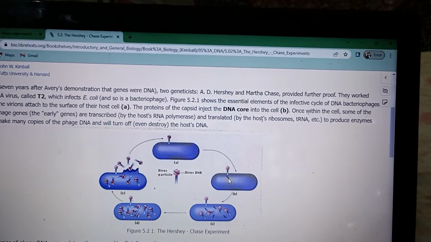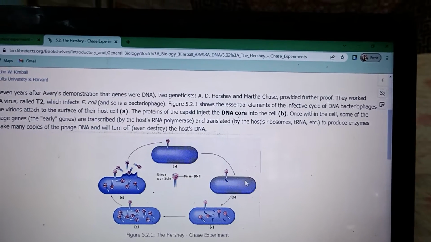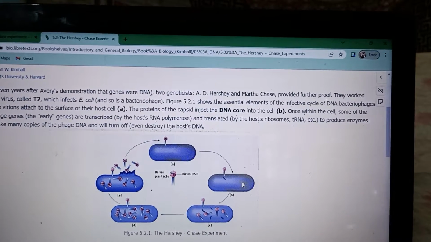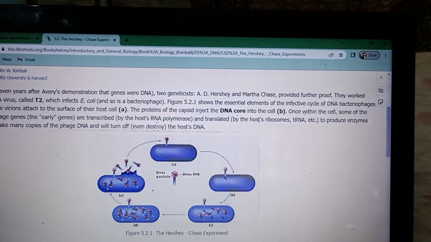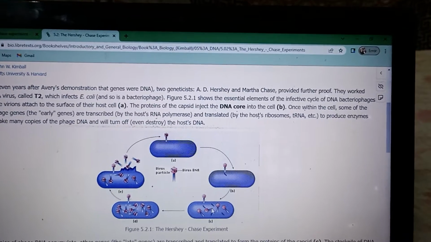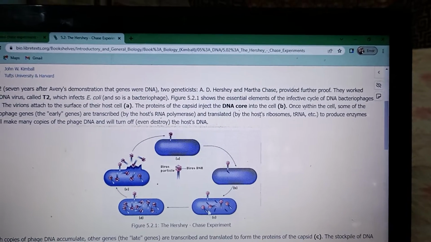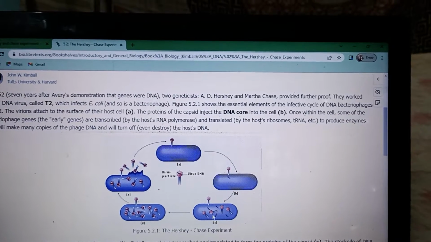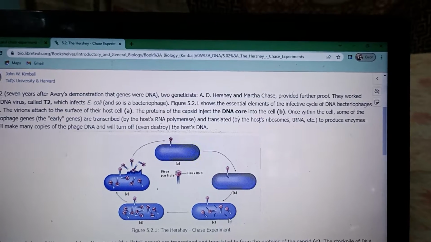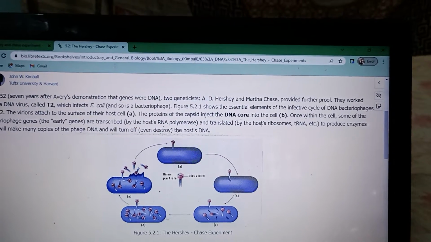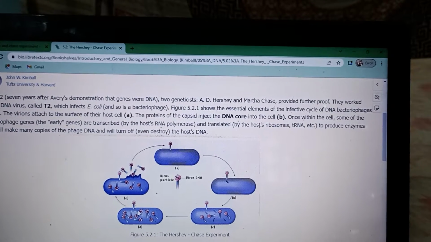Further, it is translated by the host ribosomes and tRNA, and then it produces the enzymes. So step by step, after the DNA multiplication, the whole phages are produced with the help of our bacterial cells.